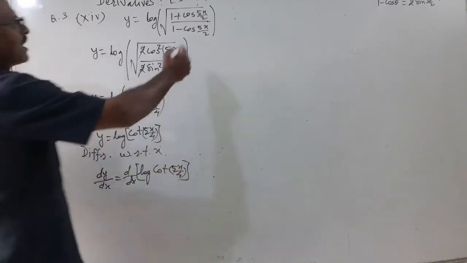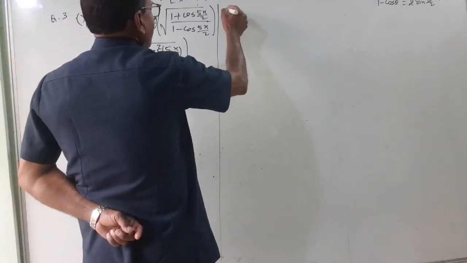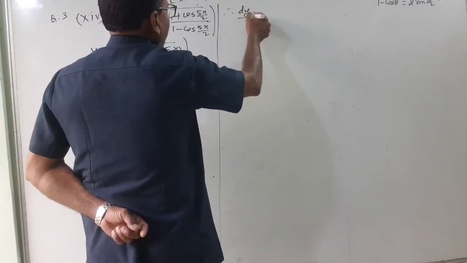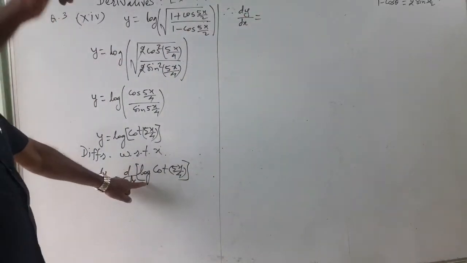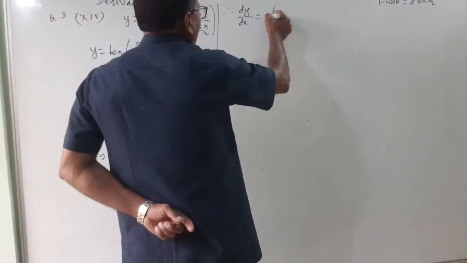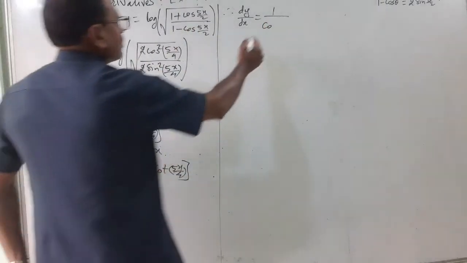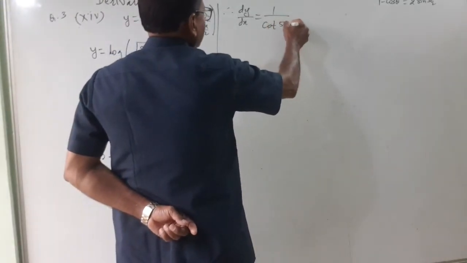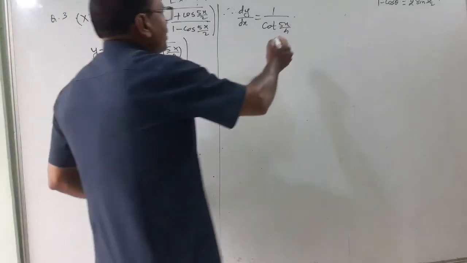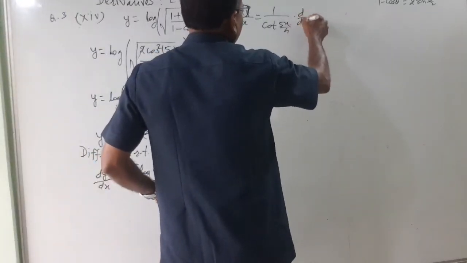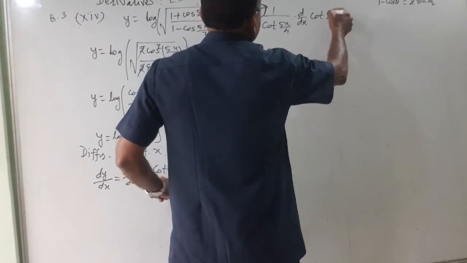Therefore dy by dx is equal to, derivative of log is 1 upon, so 1 upon cot of 5x by 4 into, now the derivative of this, into d by dx of cot of 5x by 4.